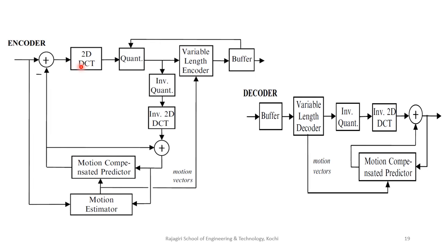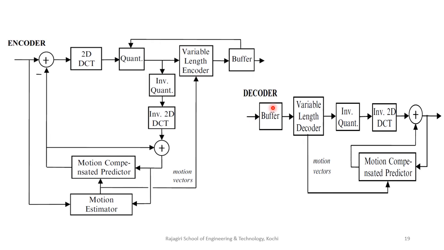The resulting error signal is then transformed using two-dimensional discrete cosine transform and then quantized using an adaptive quantizer. This is followed by entropy encoding using a variable length encoder, and finally it is buffered for transmission over a fixed rate channel.